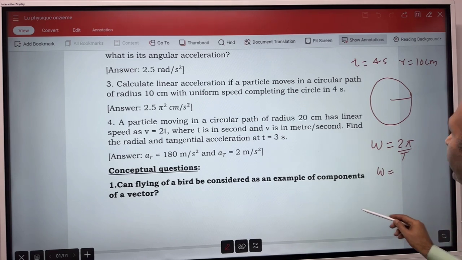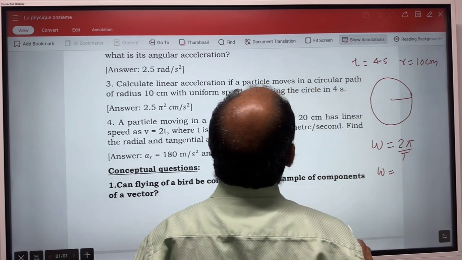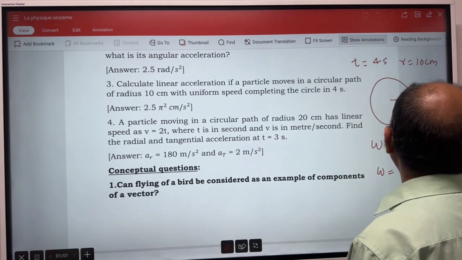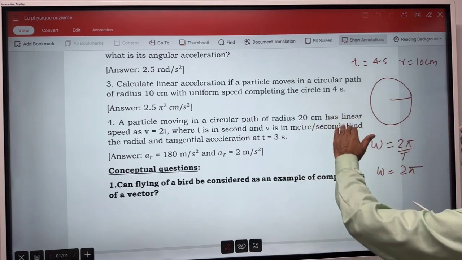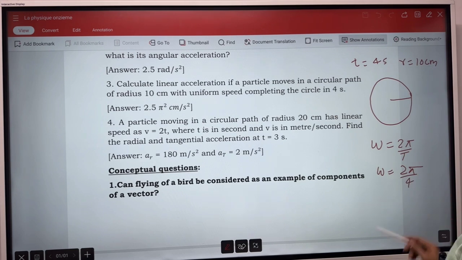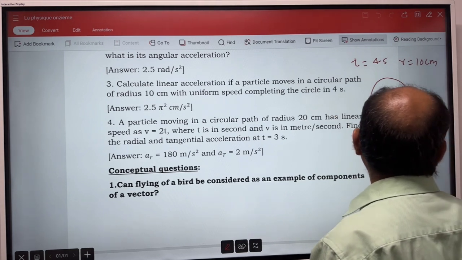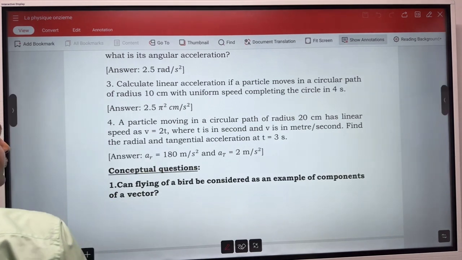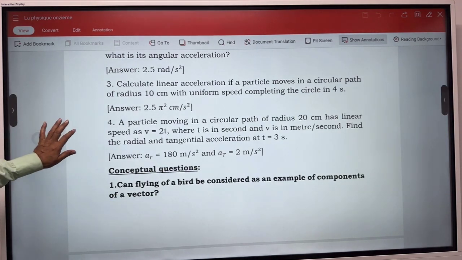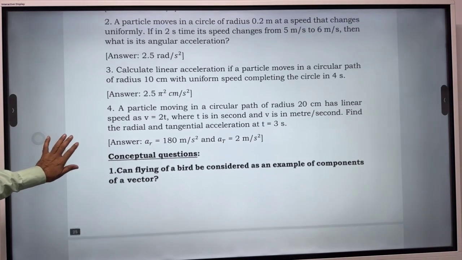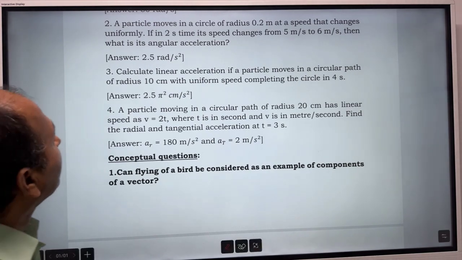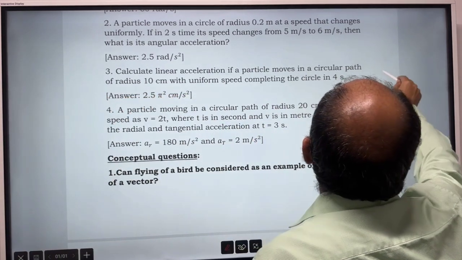So what is omega? Omega will be 2 pi divided by time period. How much? Circle in 4 seconds. So we write here 4. That is pi by 2. Now further, what we can do?